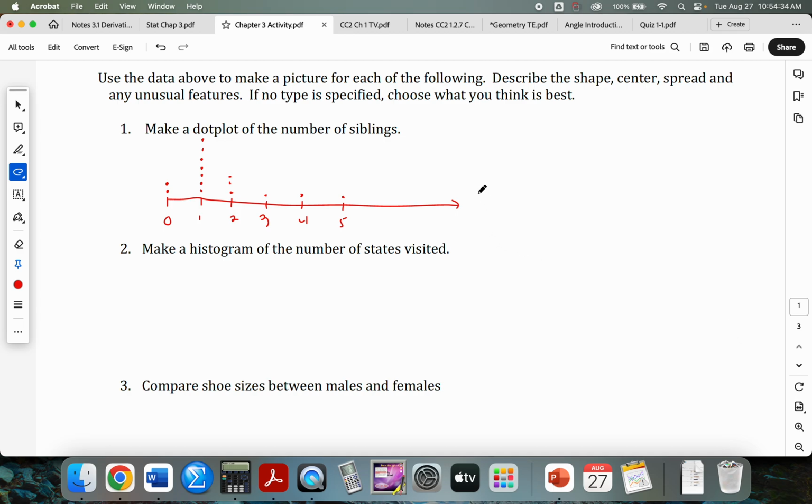Now, from this, we want to describe the shape, center, spread, and any unusual features. Okay? So, shape. It's unimodal. And actually, let's practice doing complete sentences.